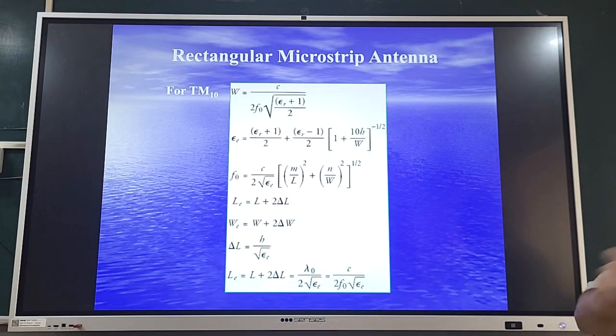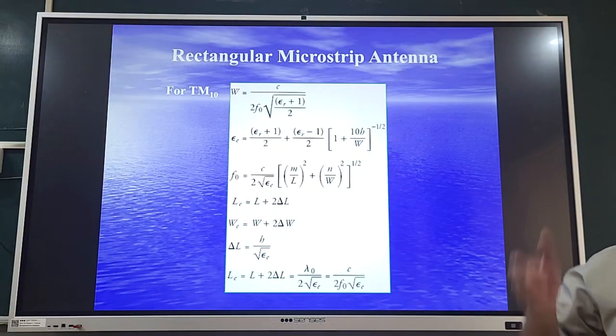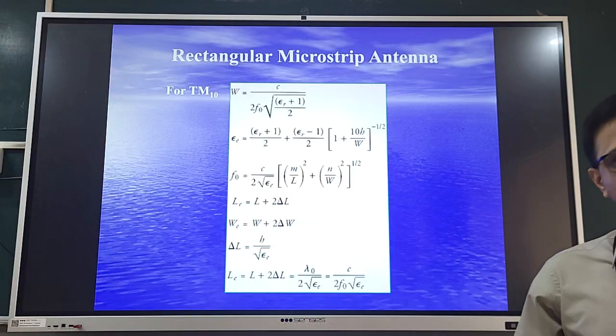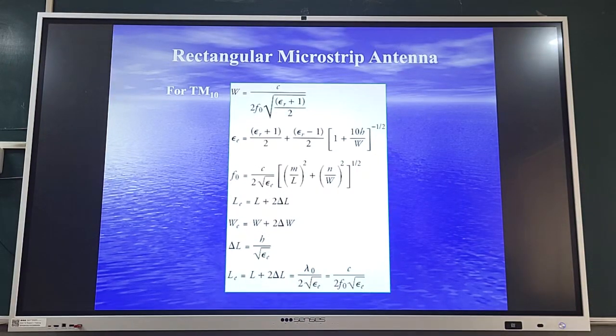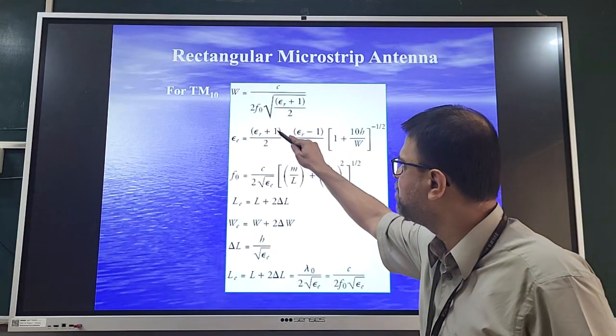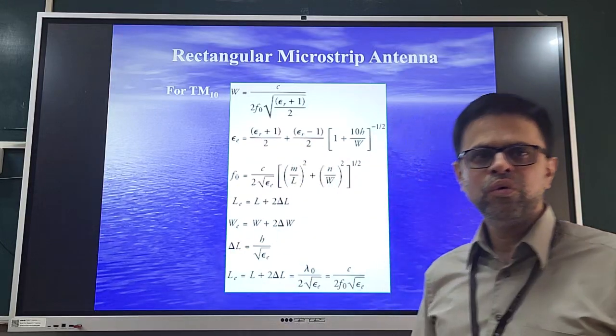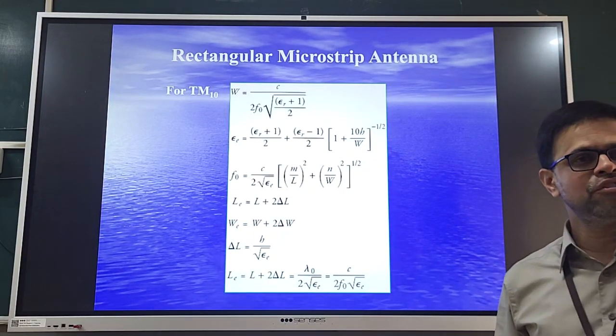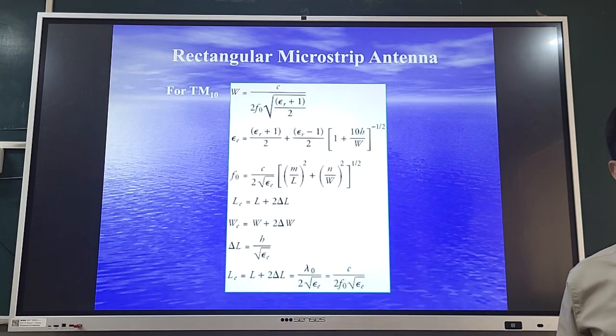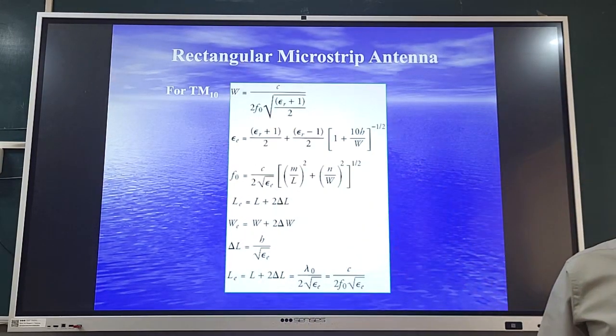Generally, within the second iteration, or in some cases the first iteration itself, you calculate the values of L and W. Okay, this is the iterative procedure. It has to be applied for checking this nu. Why? Because that is the fringing parameter that decides your fringing length, which ultimately decides your length of the patch.